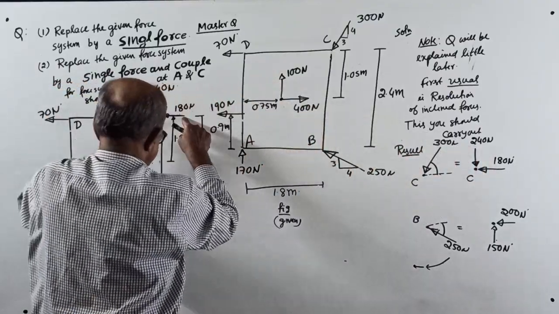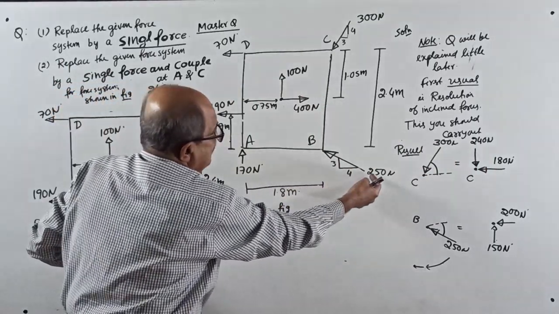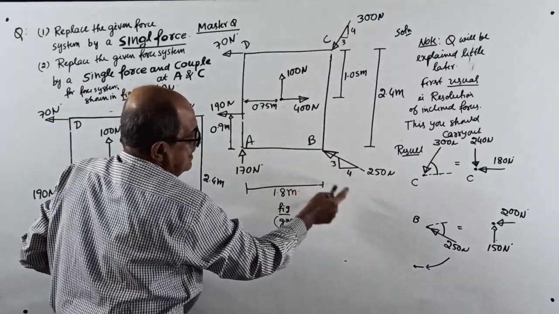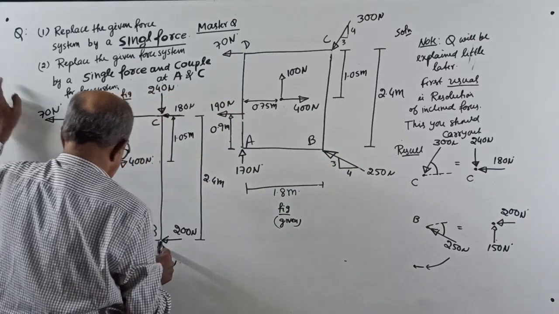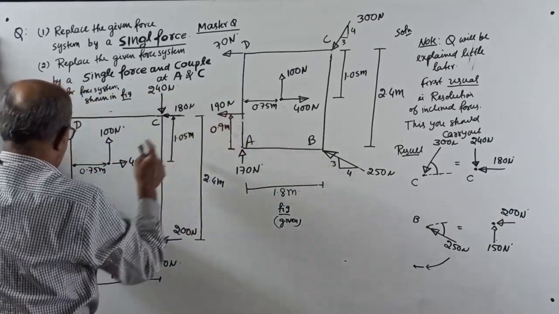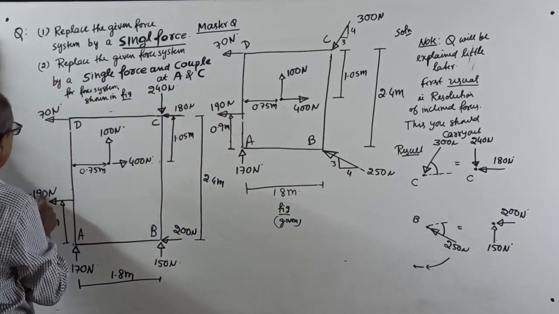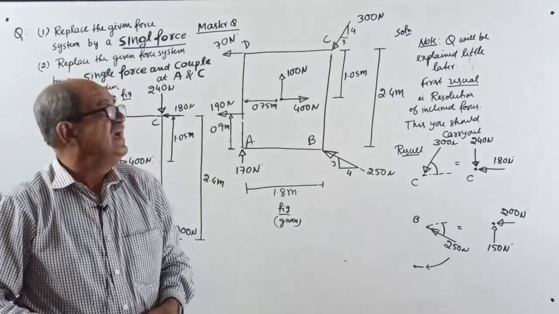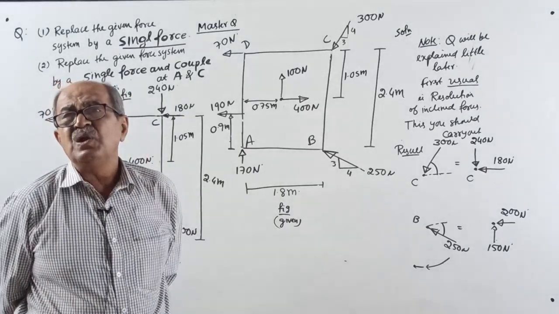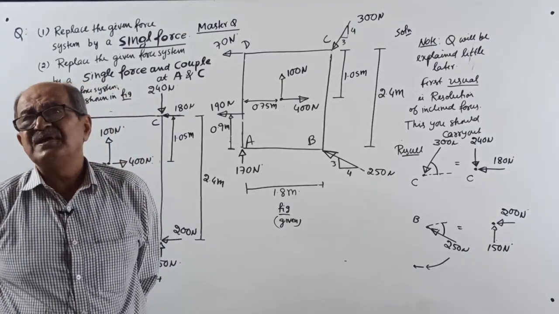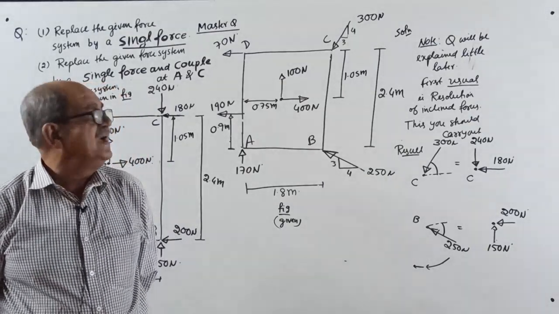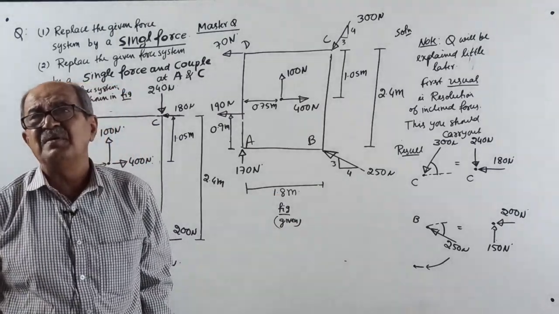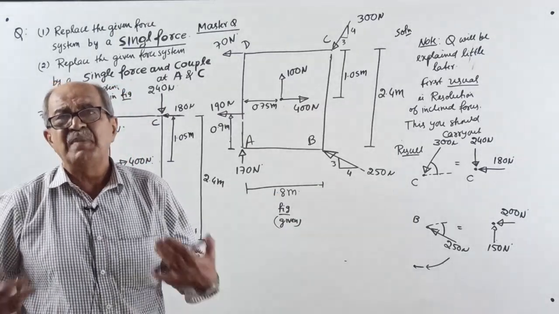I replaced it here. And the 250 inclined at B is replaced by 200 and 150, I entered here. There's one more force of 190. Some will ask, why 190 and 70? That is the adjustment I made, because when you take the root of sigma Fx square plus sigma Fy square, if I randomly set a question, decimals will come. I avoided it. It is in my hand.